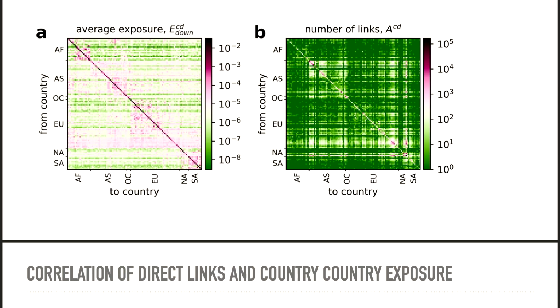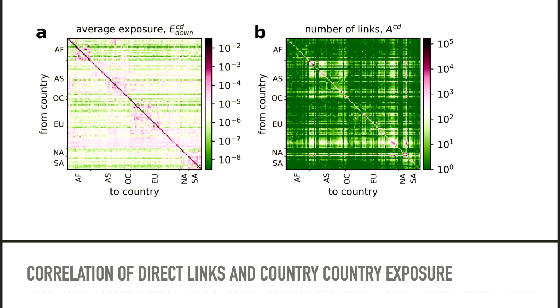We can see that this diagonal is very prominent, which is also reflected in the directed links, the number of directed links between the countries. These two things are reflected quite well, but there is a block diagonal structure which is not that prominent there. If a country propagates more shocks to its nearby regions, that is why this block diagonal region appears.